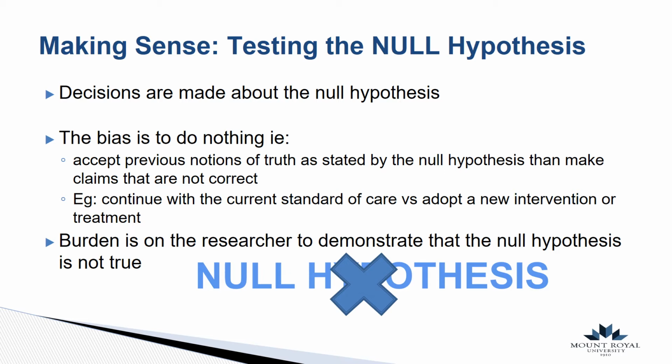An example is we would prefer to continue with the current standard of care versus adopt a new intervention or treatment that may or may not be effective. And so we always test the null hypothesis as opposed to moving on to adopt a brand new innovative treatment.